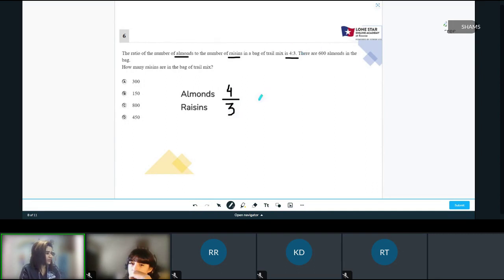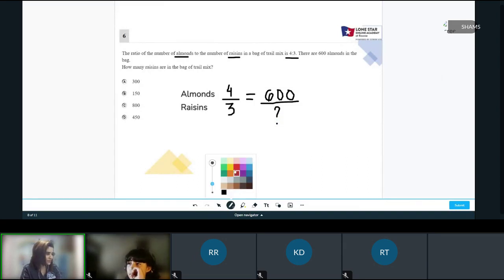So if there are 600 almonds, how many raisins are there in that bag of trail mix? So this is that question mark part that you're trying to find. Good, Rory, I agree with you. If you want to use cross product, you can do that.